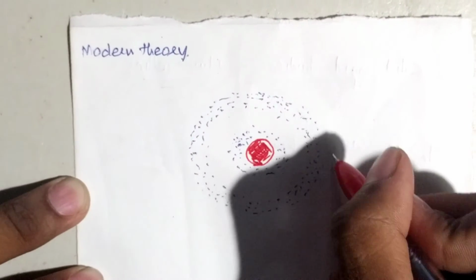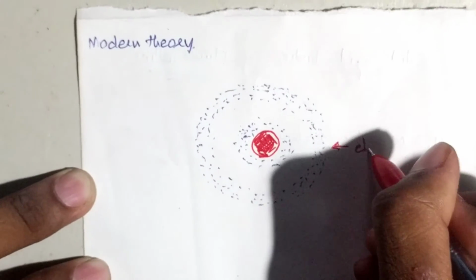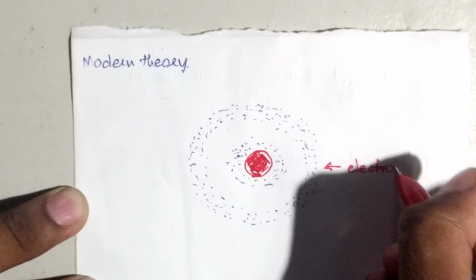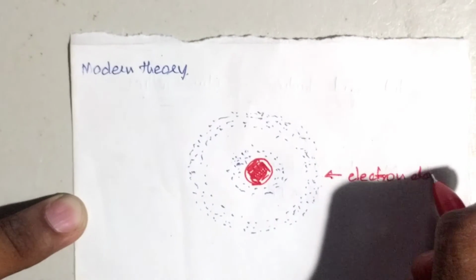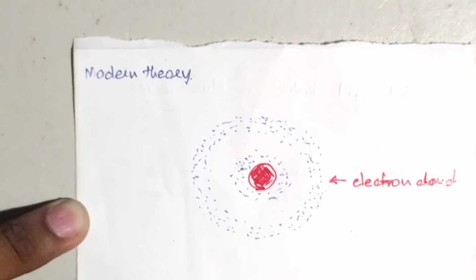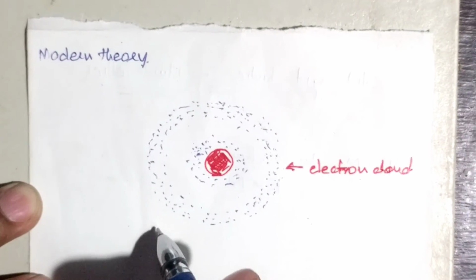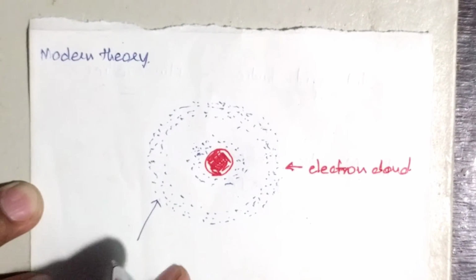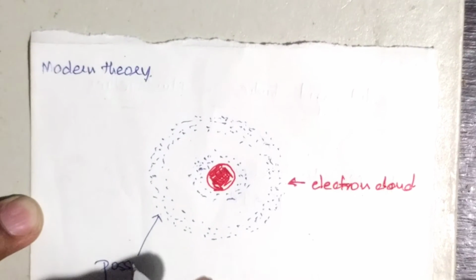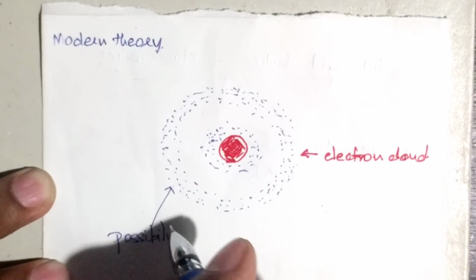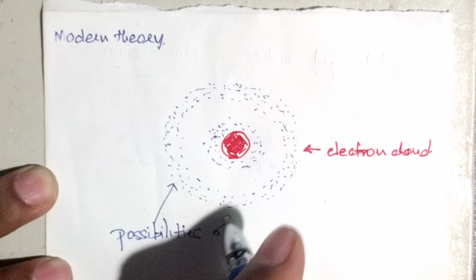In reality, these things don't exist. An atom is like a field. It only has a positive massive center, including neutrons, which were discovered by James Chadwick, and protons.